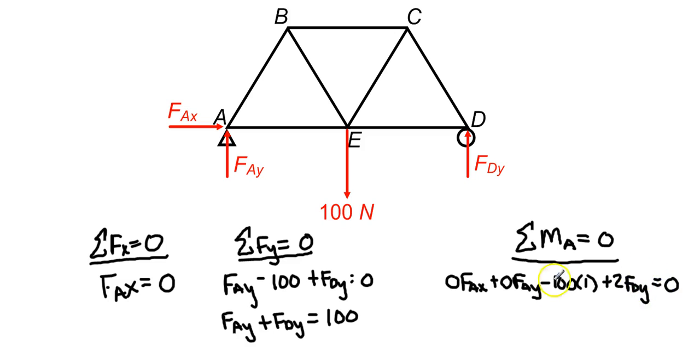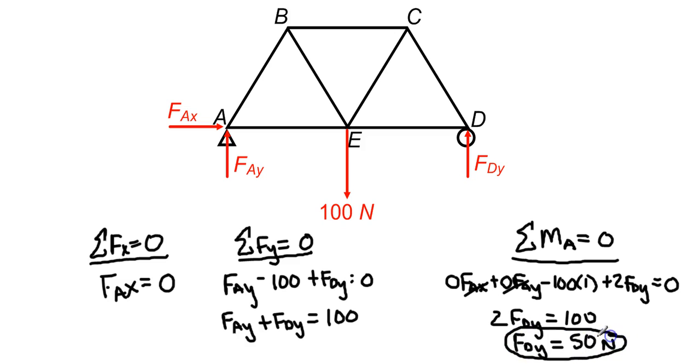Those all add up to 0. The first two drop off, and the minus 100 we can move over, so 2 times the force at D in the Y direction is equal to 100. Solving for the force at D in the Y direction, it's 50 newtons.